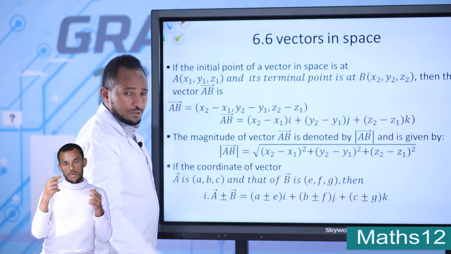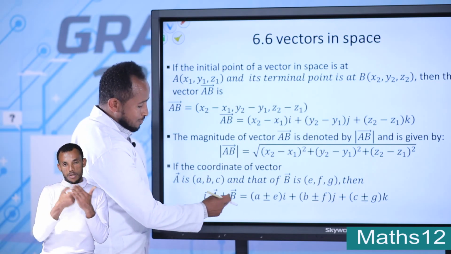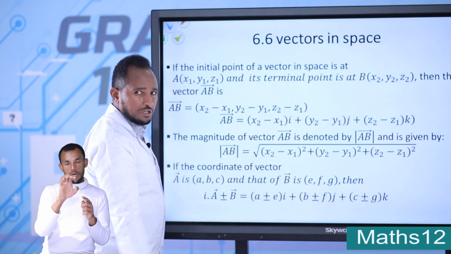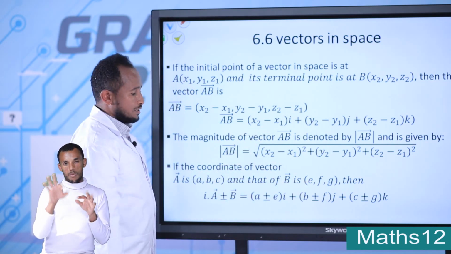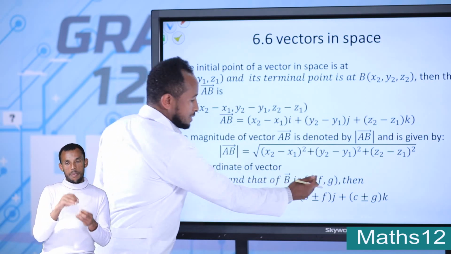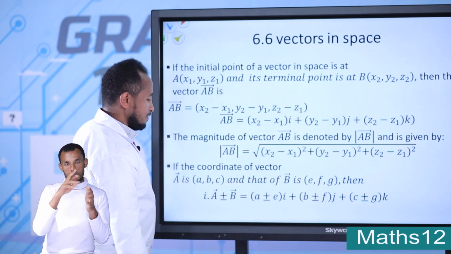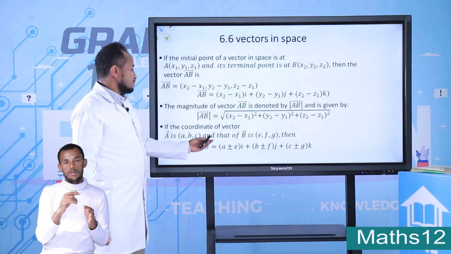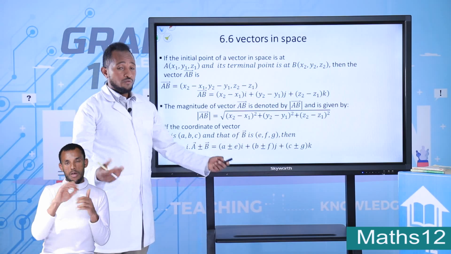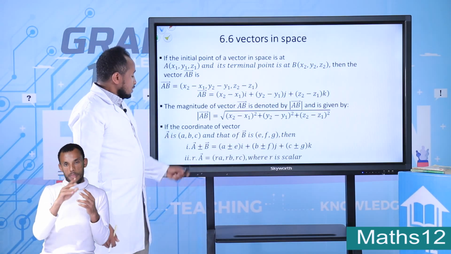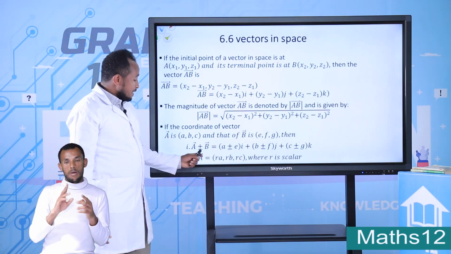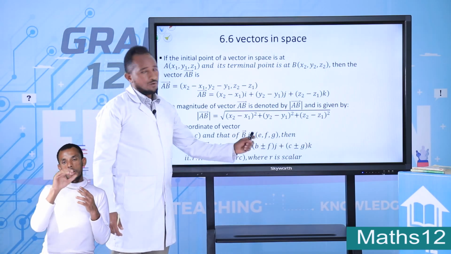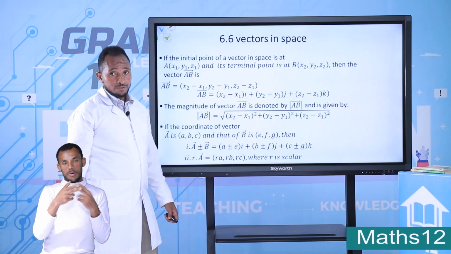Subtraction is the same. Therefore A plus or minus B is (a plus or minus e) in the i direction, plus (b plus or minus f) in the j direction, and (c plus or minus g) in the k direction. So this is how to add two vectors. Now, when you multiply a given vector by a scalar, simply multiply each corresponding component.